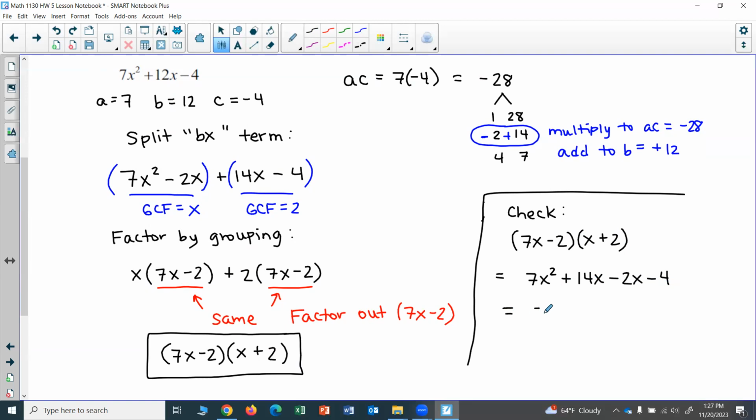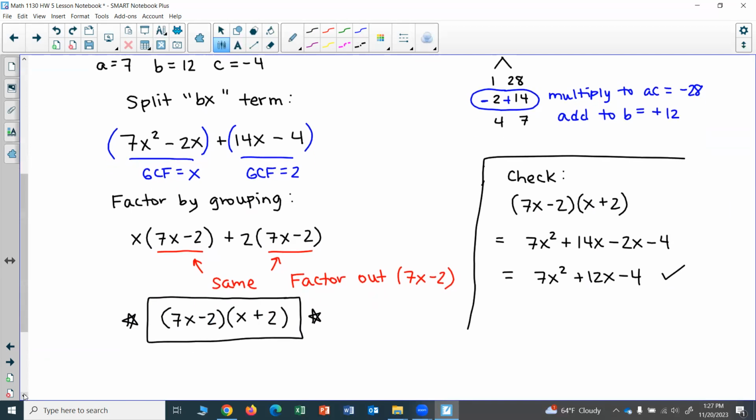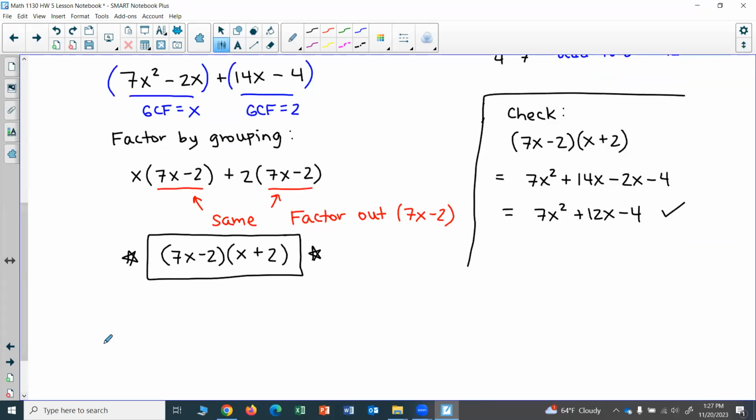Combine my like terms, and I get 7x squared plus 12x minus 4. And I look back at my original, 7x squared plus 12x minus 4. And that tells me that the answer I got, 7x minus 2 times x plus 2, is correct. So that's what I would answer for my final answer.